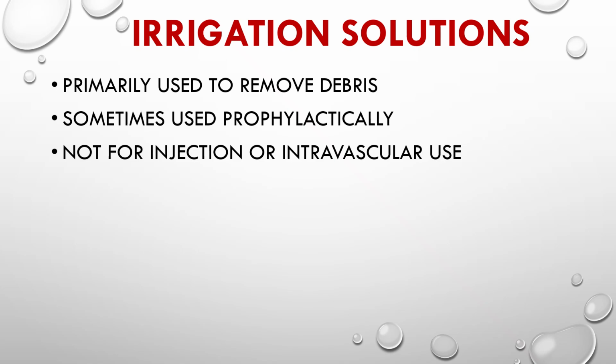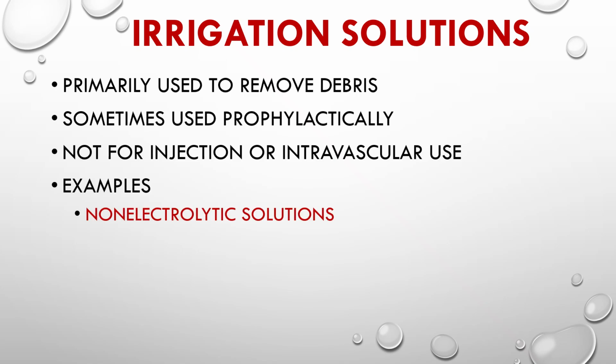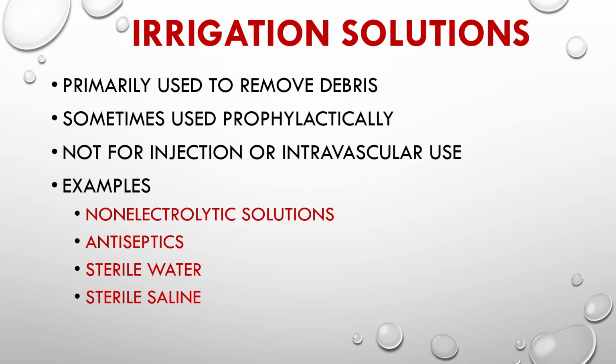These are large amounts of solutions that are being added. Some examples are non-electrolytic solutions. Some antiseptics fall under this category. Sterile water can be used, sterile saline as well, and then lactated Ringer solution is a common one that is used for irrigating as well.